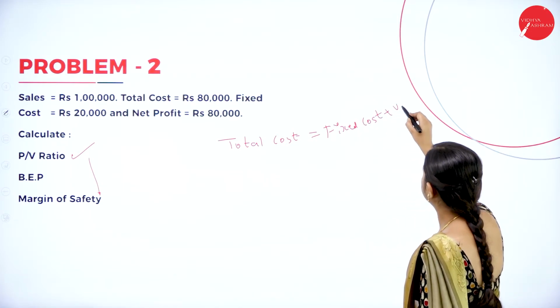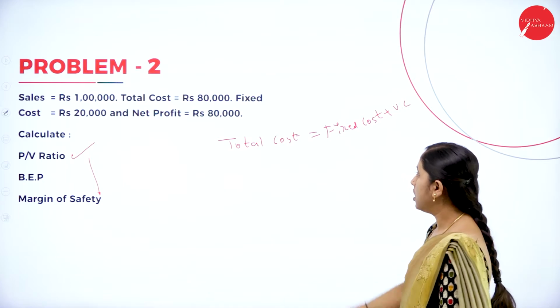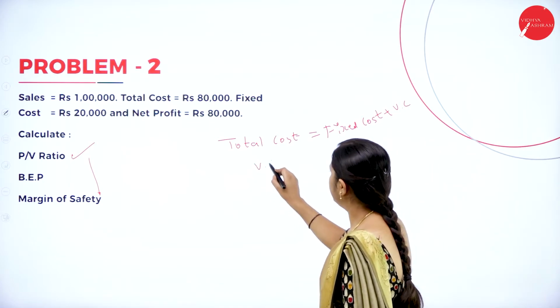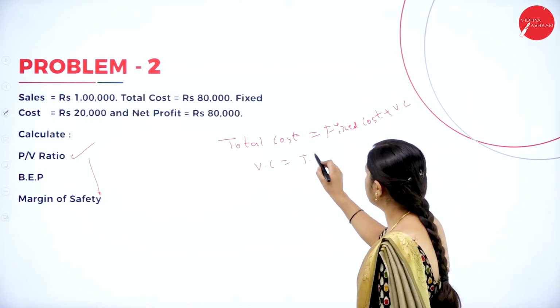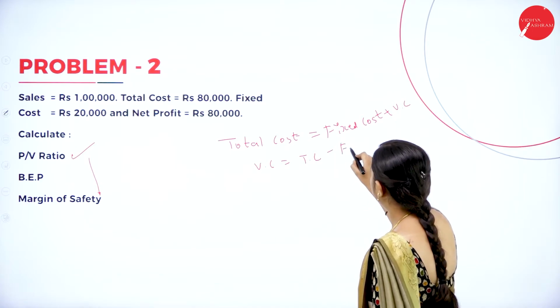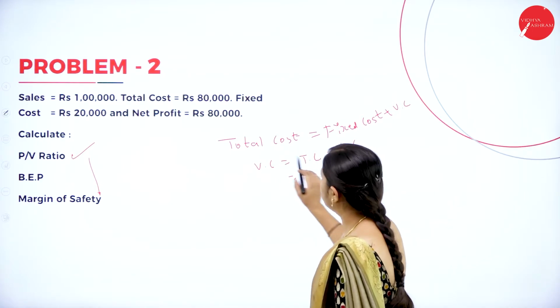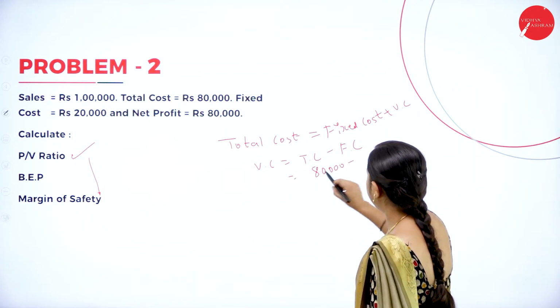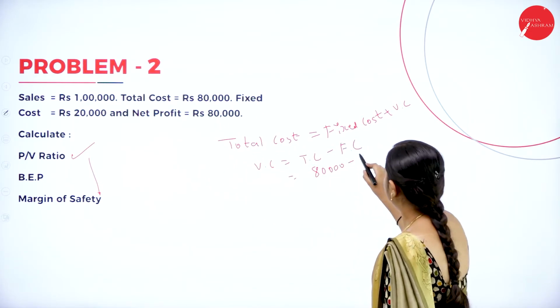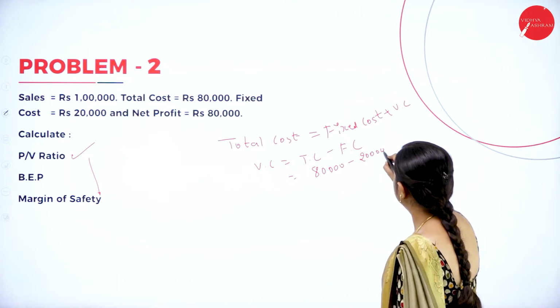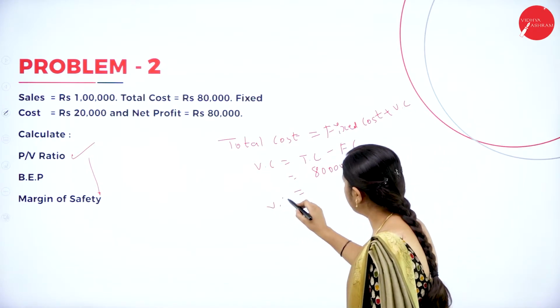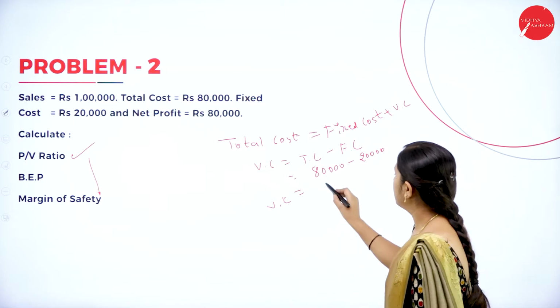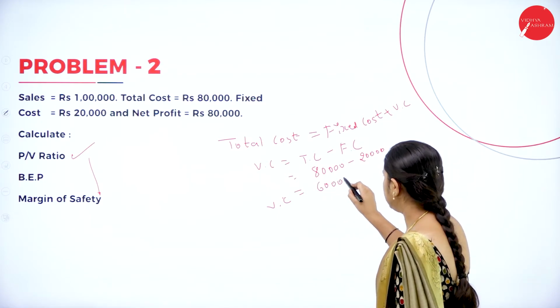Fixed cost plus variable cost is equal to total cost. Now we want variable cost. So variable cost is equal to total cost minus fixed cost. Total cost is 80,000 minus fixed cost 20,000. Now variable cost is 80,000 minus 20,000, that is 60,000.